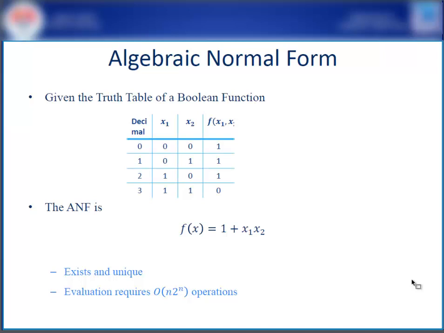For every Boolean function, there exists its algebraic normal form representation, and it is always unique. Calculation of the algebraic normal form from its truth table requires O of n multiplied by 2 to the power n operations, which is quite expensive.